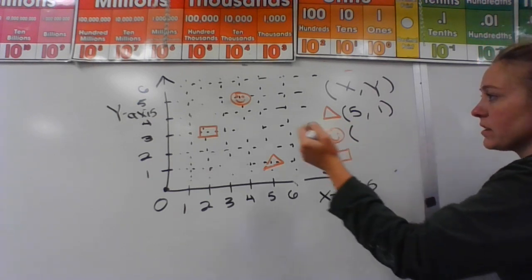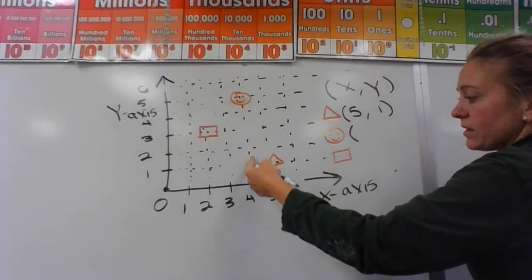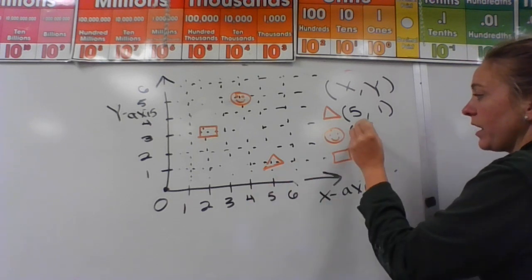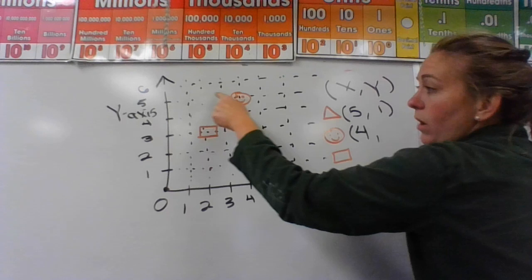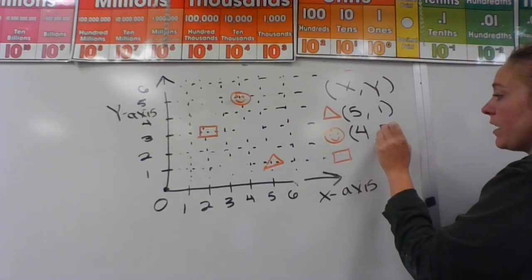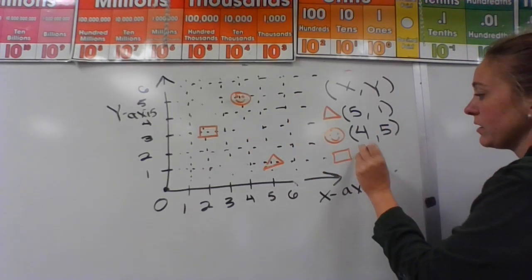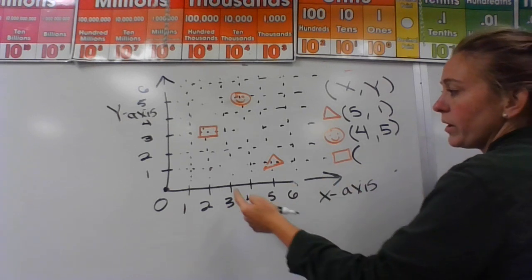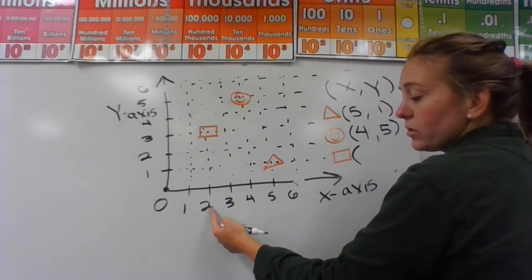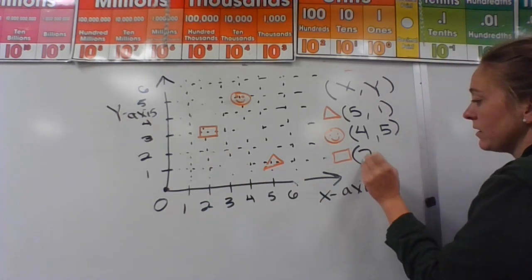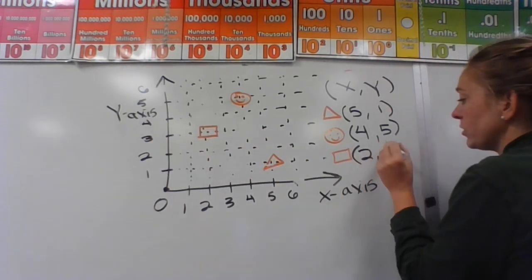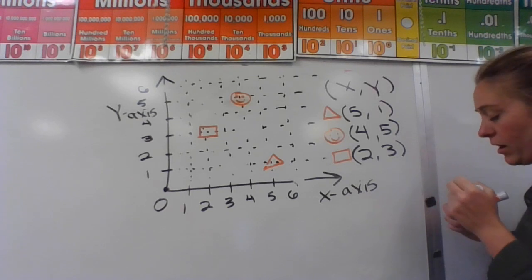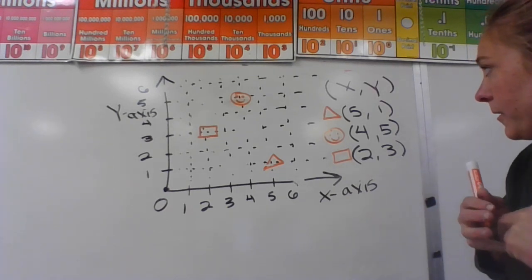For the smiley face, looking down, it's at 4 on the X, and looking across, it's at 5 on the Y. So 4, 5 would be our ordered pair for the smiley face. And for the square, it goes down to 2 on the X, and across for the Y, it is at 3. So 2, 3 would be our ordered pair for the square.